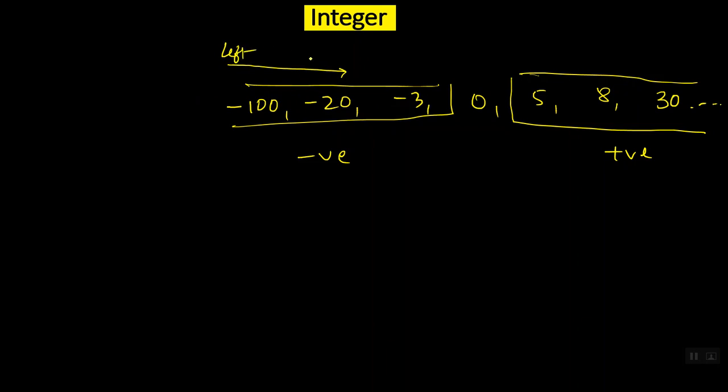So we can say -100 is smaller than -20. On a number line, if you go from left to right, the value of the number increases in general.